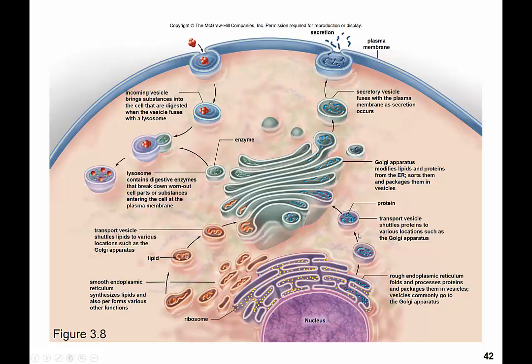As these transport vesicles shuttle proteins to various locations such as the Golgi apparatus, it can fuse with it, and then the Golgi apparatus is going to further modify lipids and proteins, sort them, and package them in other secretory vesicles. And if something's a secretory vesicle, that means it's going to be secreted. So, as part of secretion, this vesicle fuses with the plasma membrane and is able to discharge its contents out of the cell.